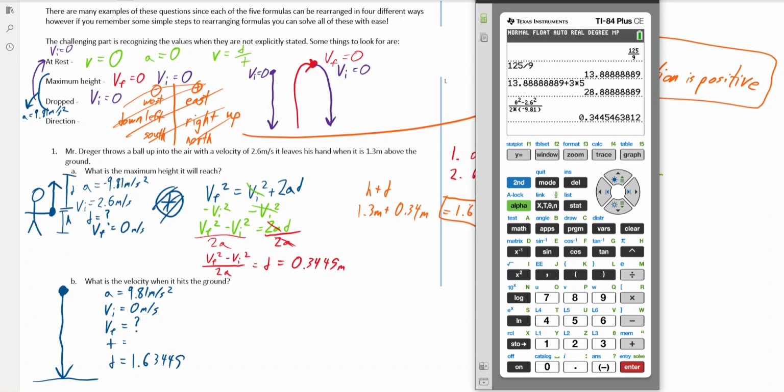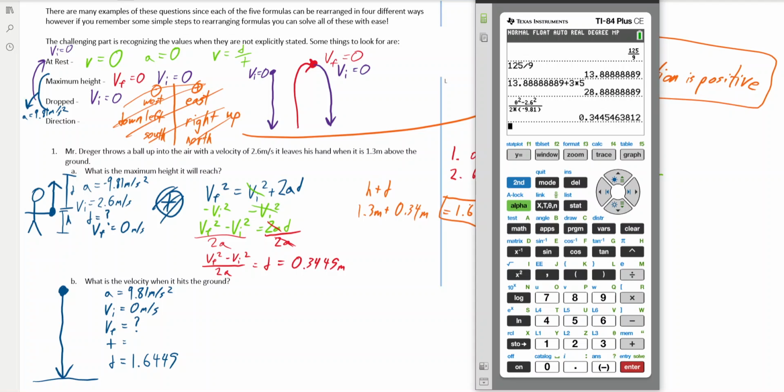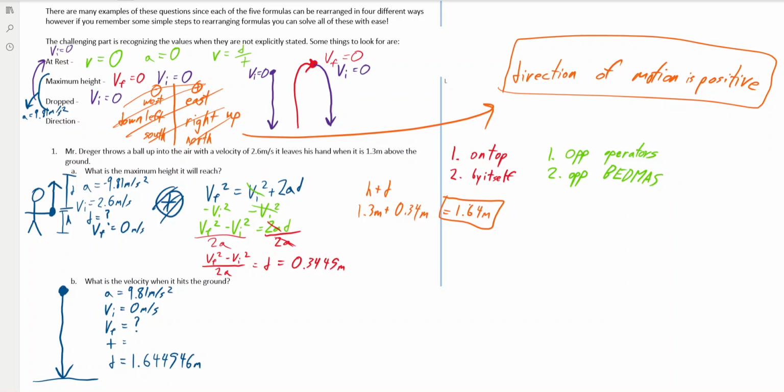Oh, I did that wrong. There you go. 0.34454 meters. So now that we have done that, now we can go back and solve for VF.